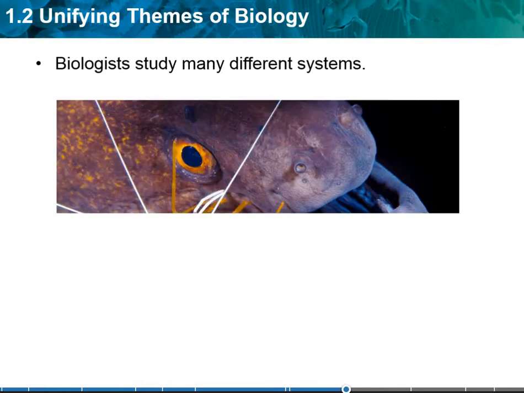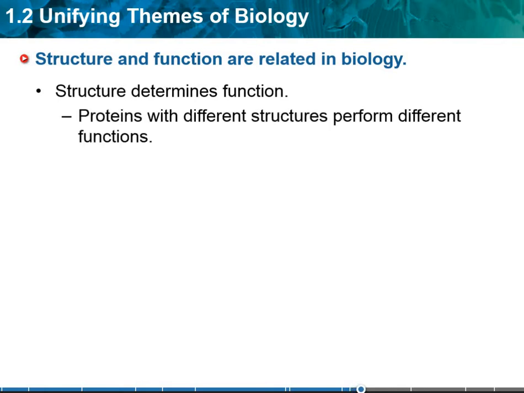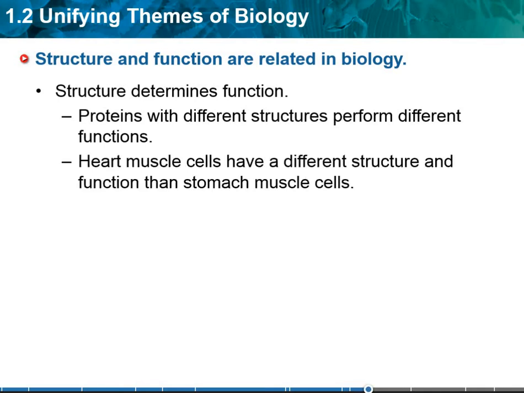Biologists study many different systems. One of the things that we look at is that structure is usually going to determine the function. So proteins with different structures perform different functions. For example, heart muscle cells have a different structure and function than stomach muscle cells.